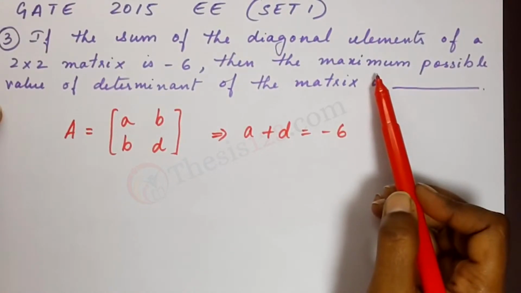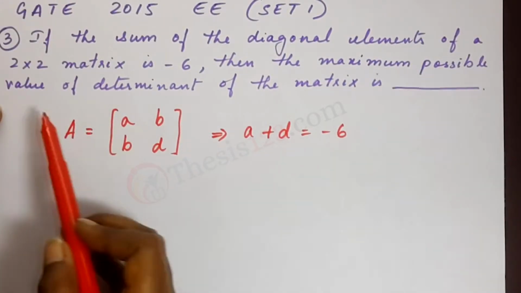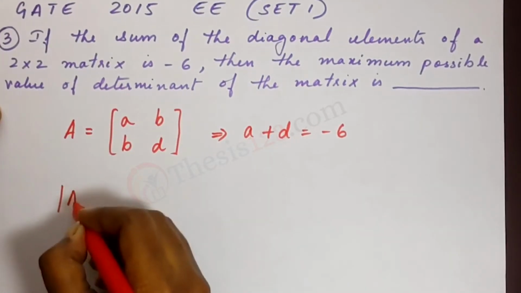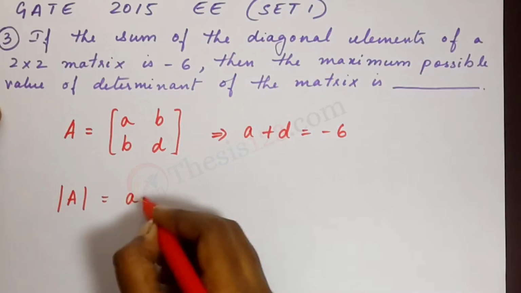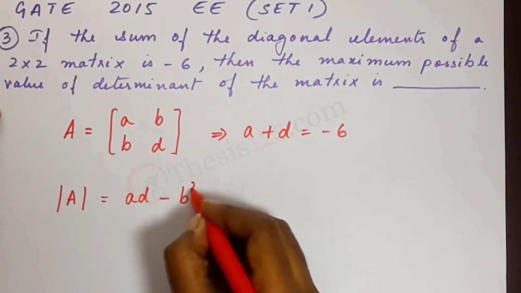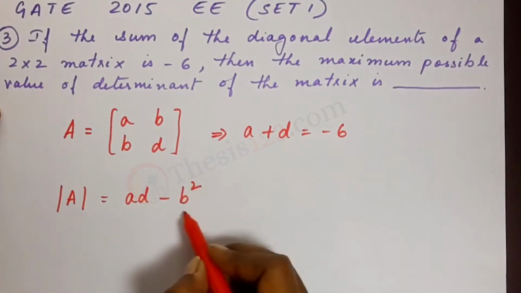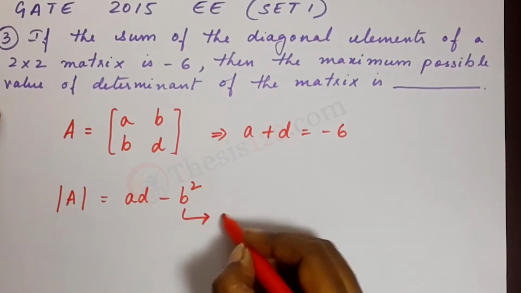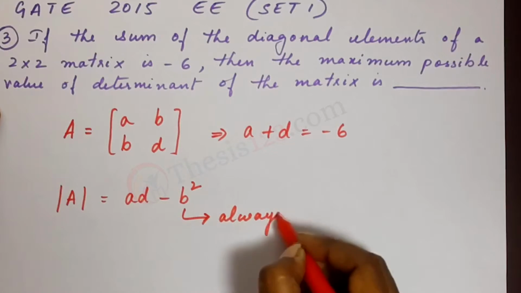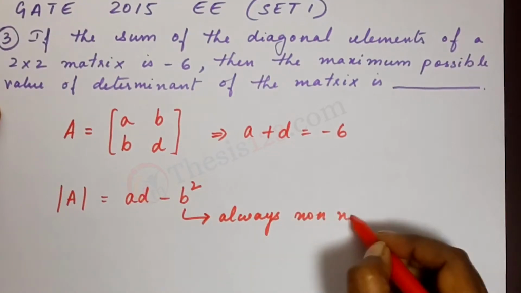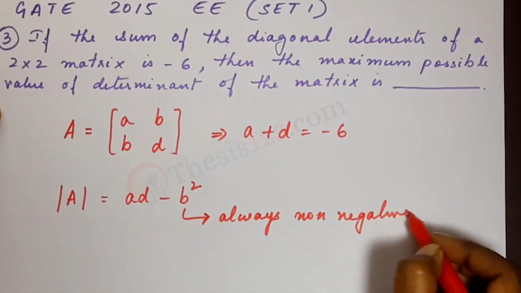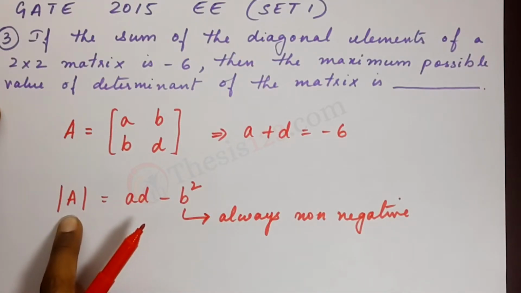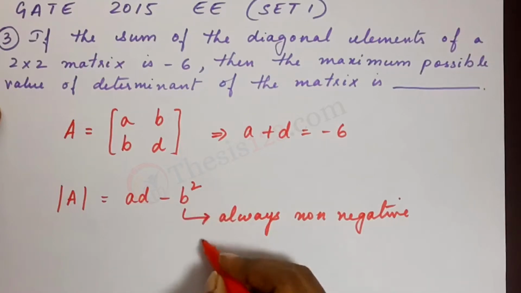Then we have to find out the maximum possible value of the determinant. Let's work on the determinant. Det A equals AD minus B square. Now B square, because it's a squared term, is always going to be non-negative. And also, in order for the determinant to be maximum, B square should be 0.